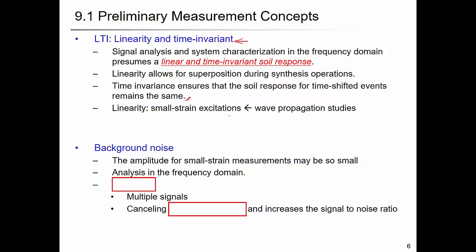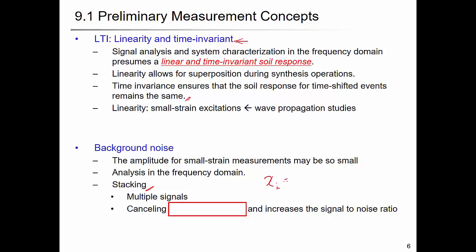And background noise amplitude for small-strain measurements may be so small. So we do the frequency analysis and also the stacking. In the stacking, what was there?